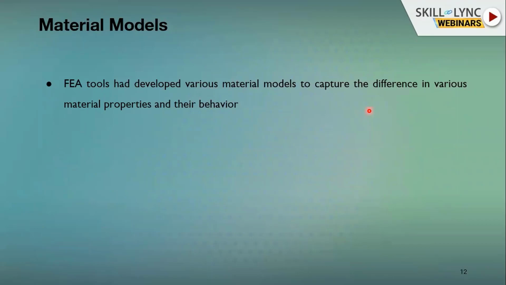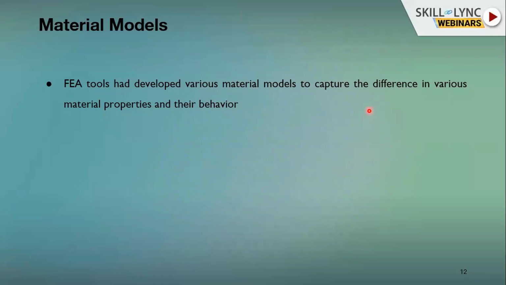Coming back to the material models that I mentioned, current commercially available state-of-the-art FEA tools have developed various material models to capture the differences, because every material behaves differently when you subject it to test conditions, and it makes a difference in the material properties as well.